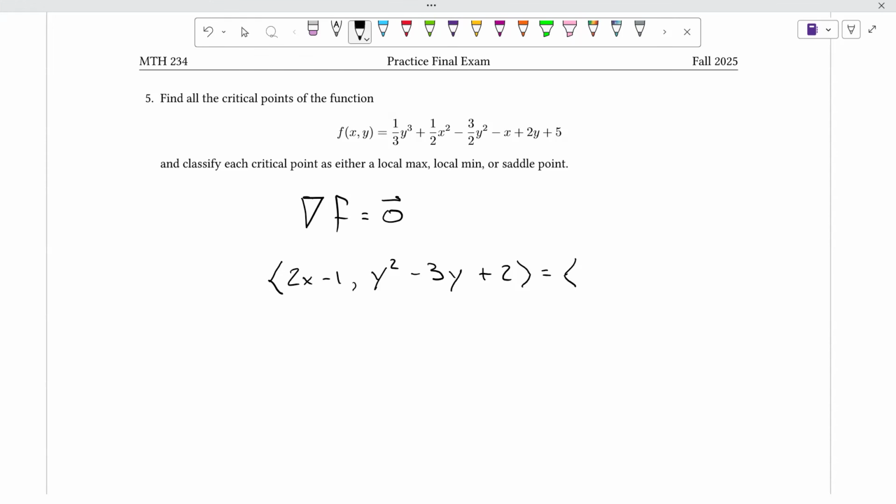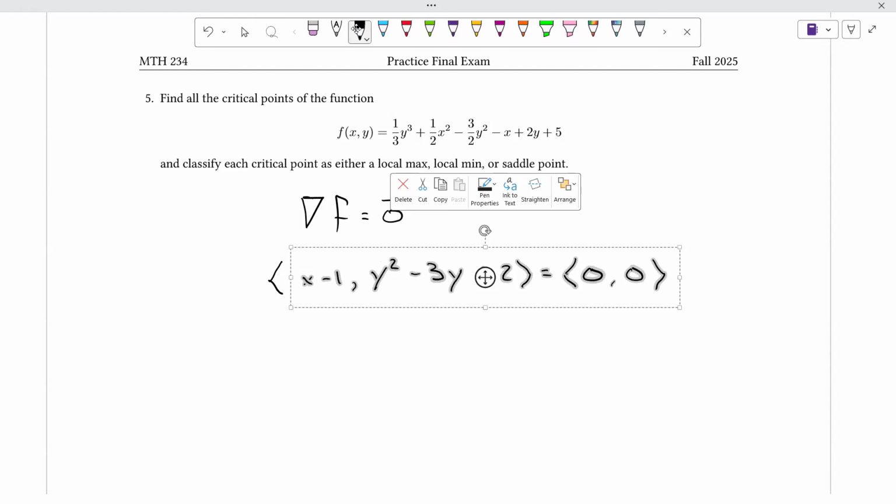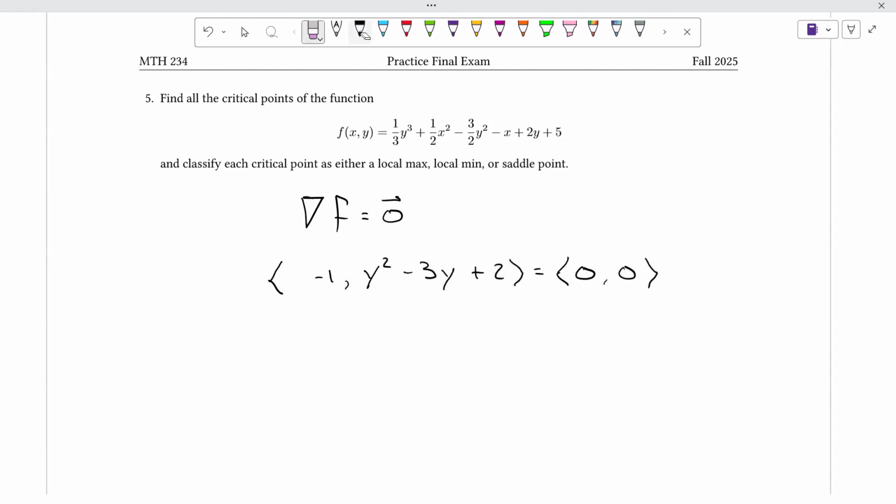And that's equal to the 0 vector, so 0, 0. What's that? It would be just x. Yep, good catch. I am not very good with numbers, it turns out. Just x minus 1, not 2x minus 1. I took my time with the y partial and then just skipped some steps with x.